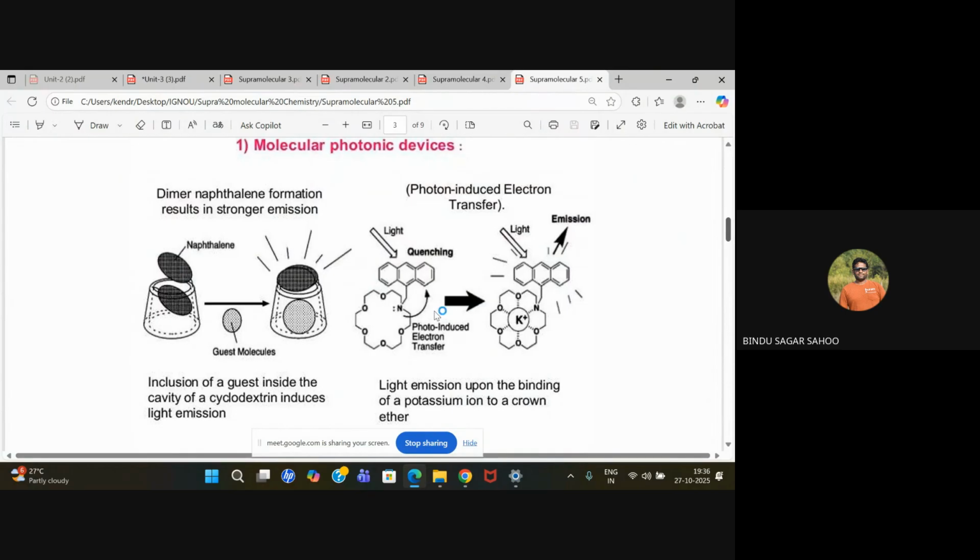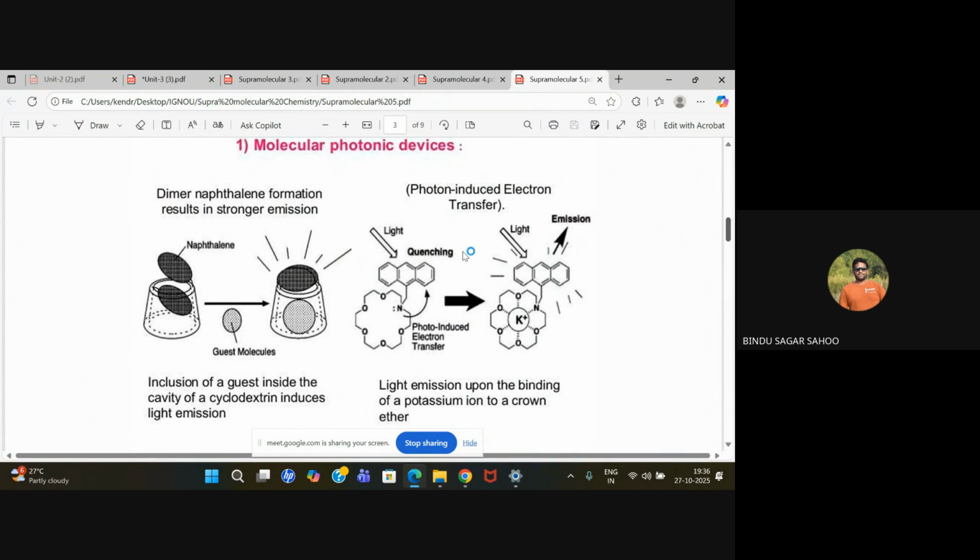But after the addition of the potassium ion to the particular host molecule, now it is emitting light. So we can say sometimes we can induce photon reactions by making host-guest interactions. Before, it behaves like a quenching process, and after the addition of potassium ion, it emits light. So this is called a molecular photonic device.